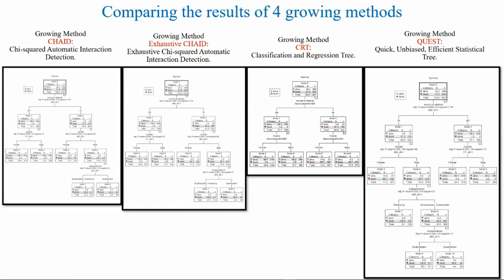Note that we use CHAID, chi-square automatic interaction detection, in this paper. CHI means chi-square or chi2. Please take a few minutes to look carefully.